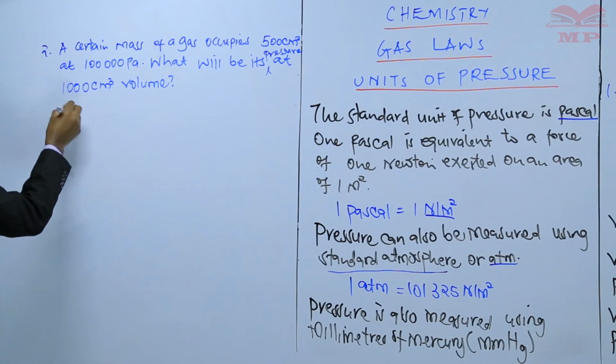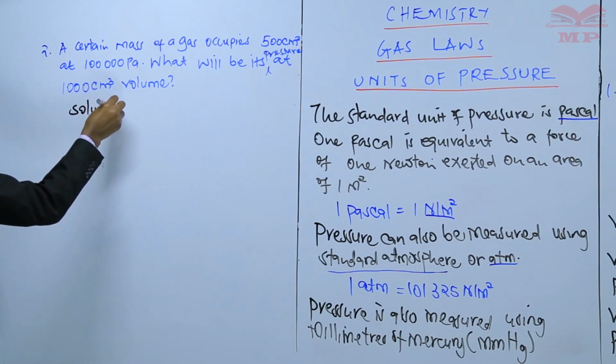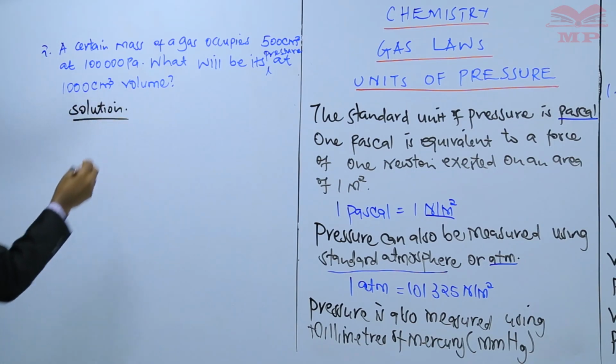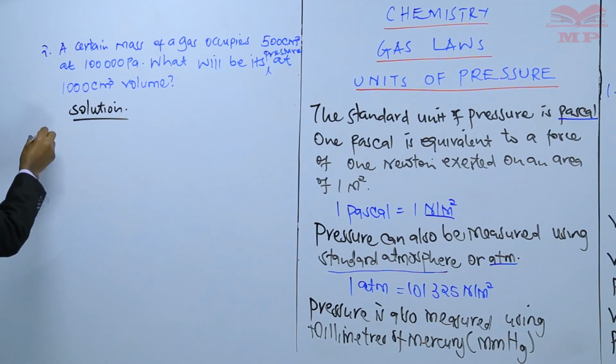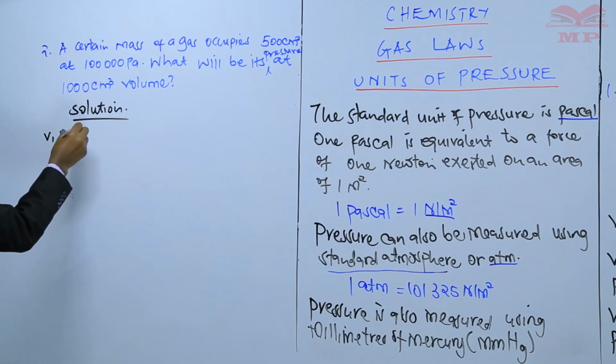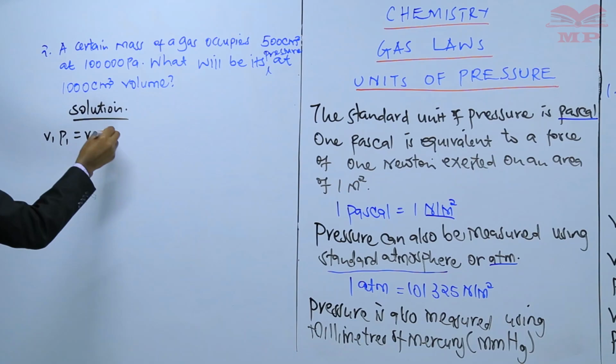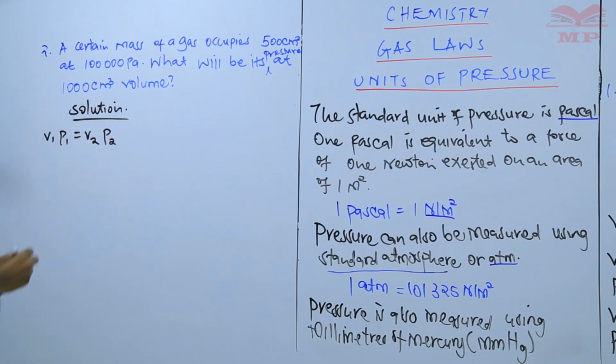Solution to this, remember our expression is still V1 P1 is equal to V2 P2. And our V1 is 500 centimeters cubed.